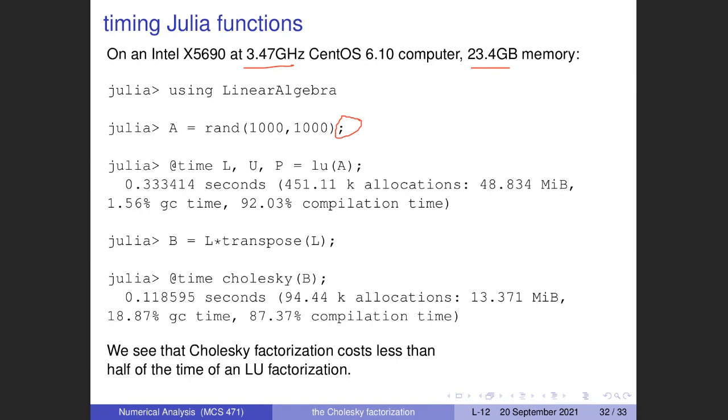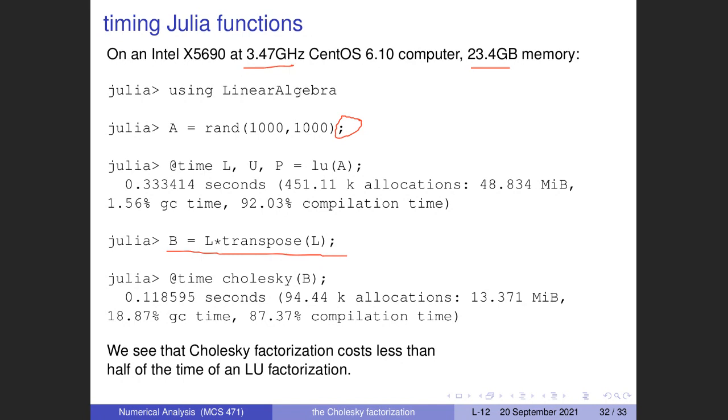And now here is the making of my positive definite matrix. This is different from what we did in the slides, because random lower triangular matrices are ill-conditioned.